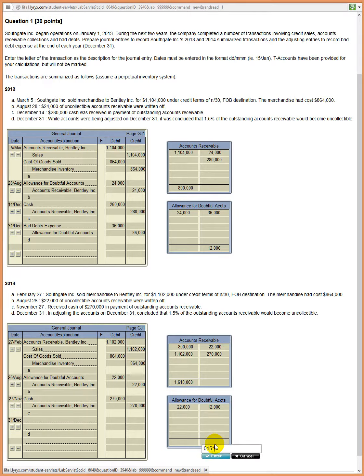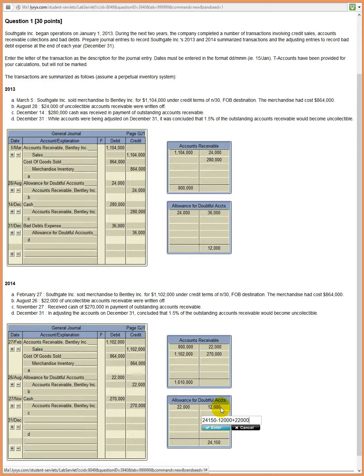Now that's the target balance. That's what we need to have in the allowance for doubtful accounts. But that doesn't tell us how we get there. We need to make an adjustment, which is going to give us 24,150. But we already have 12,000 set up. That's this amount here, carried forward from the previous year. But we also have to recover the 22,000 we underestimated in the amount written off of the previous year's allowance.